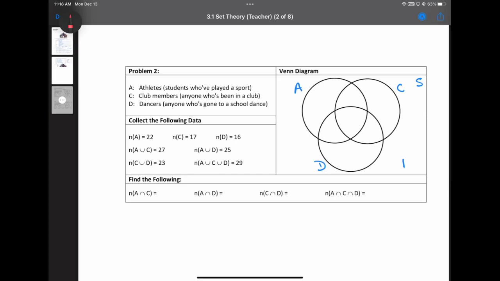So the union looks like this. That area is going to have 27 people in it. However, that area is broken up into 1, 2, 3, 4, 5, 6 different sections, and I have no idea how to break the 27 for A and C into all of those different sections.